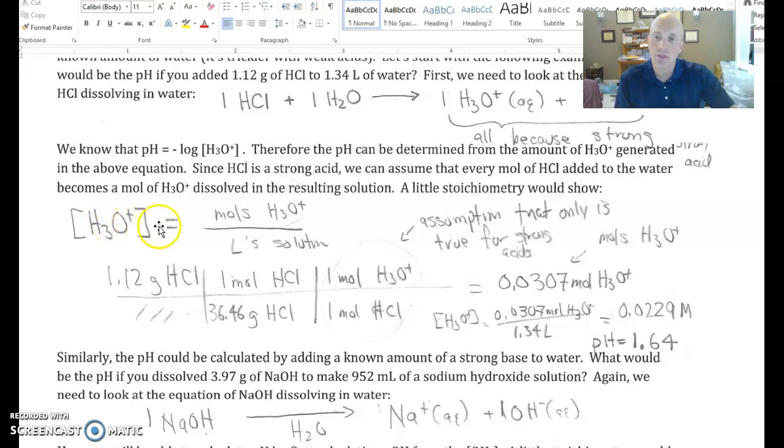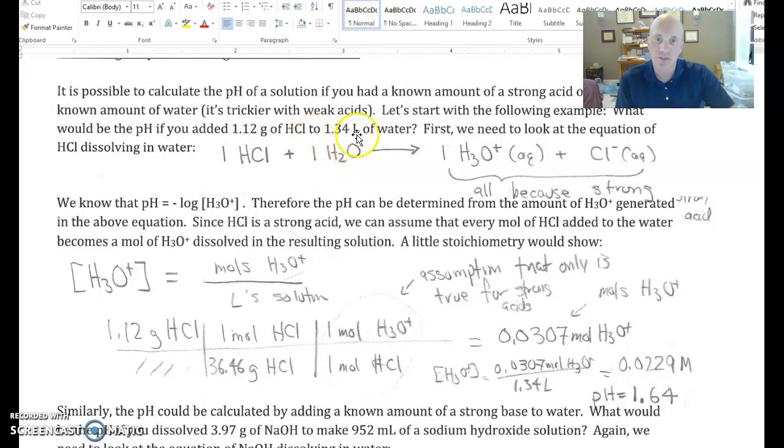Molarity is always moles of whatever you're talking about divided by the number of liters of solution. Here we've got the volume of the water. Actually, this should technically be the total volume of solution, because if you add something to a certain amount of water, it does change the volume a little bit.